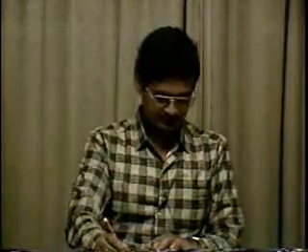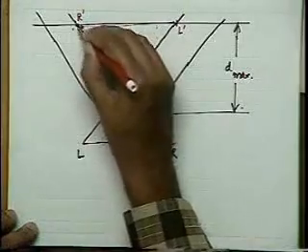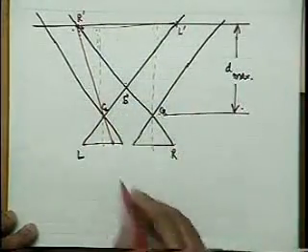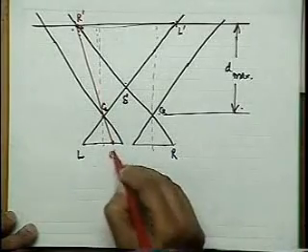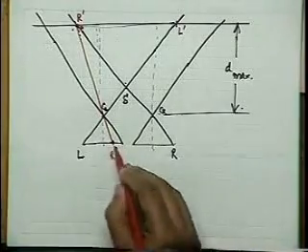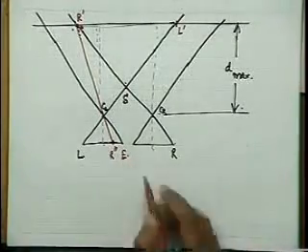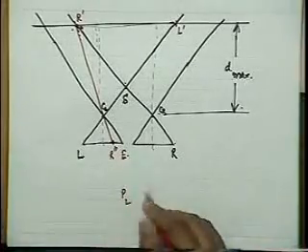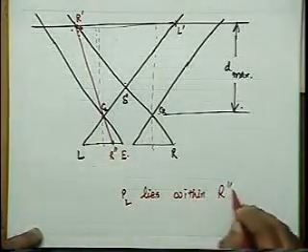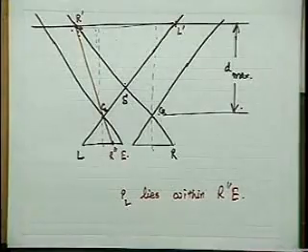So now I join R prime with CL, and supposing here I get a point which I call R double prime. Now if the point PL lies within R double prime E, what can you say about this point PL, or what can you say about the corresponding three-dimensional point P?